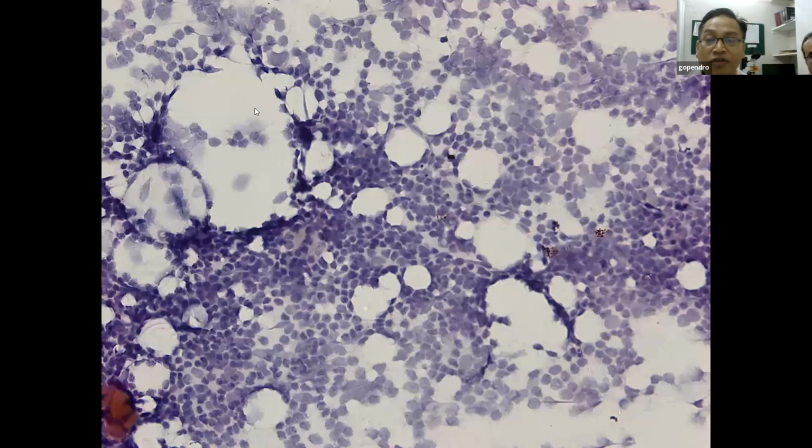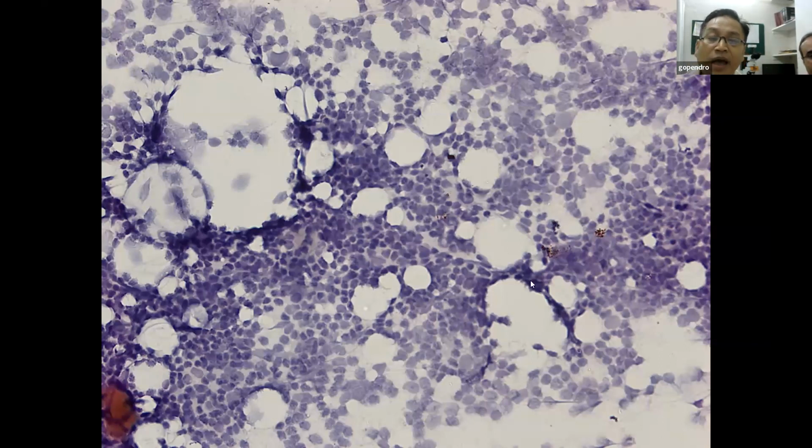And going to the higher view, we see most of the cells are small lymphoid cells, mixed with larger cells and intermediate cells. So in other words, it's a polymorphous population of cells, and we try to look for any tingible body macrophages. These were rare, and we couldn't see much of them. We see some pigment-laden macrophages.